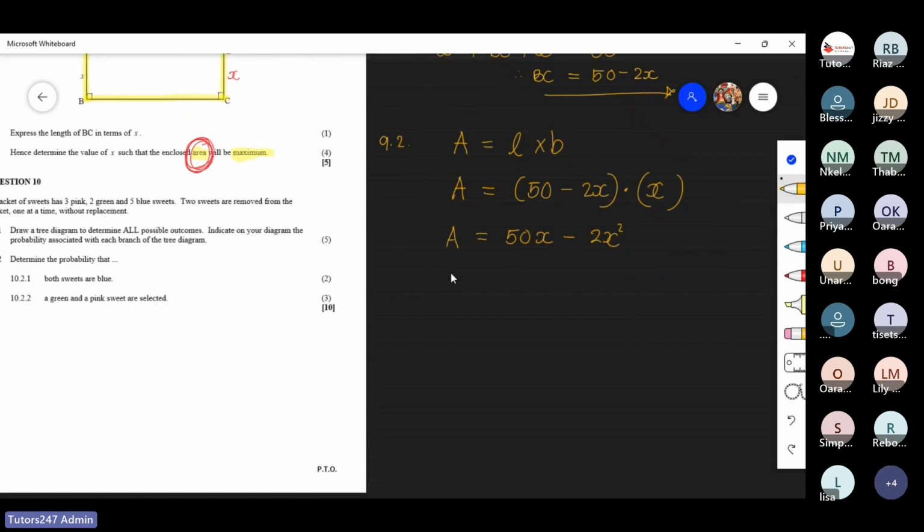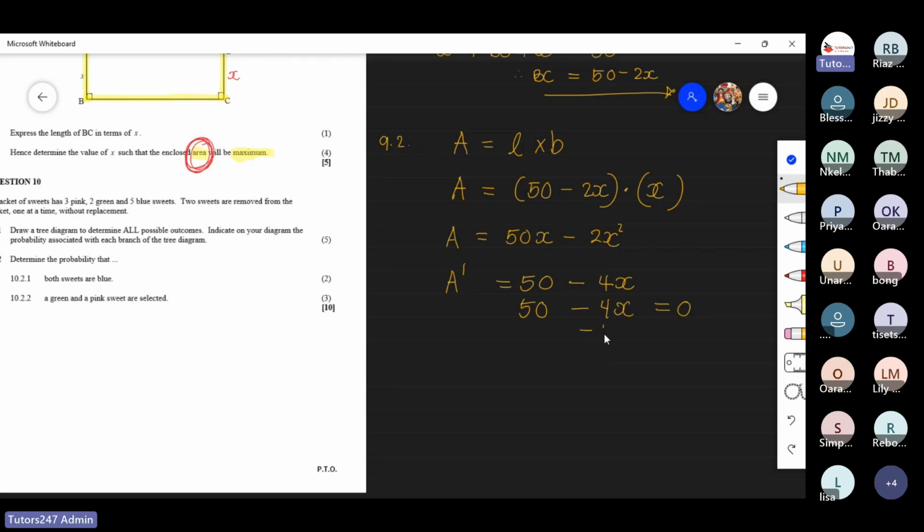So let's derive. A prime equals 50 minus 4x. That is the derivative of our area equation. Now that we've derived, we can equate it to 0 and then solve for x.